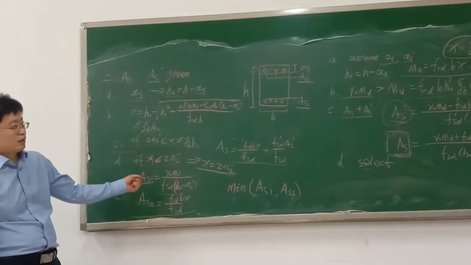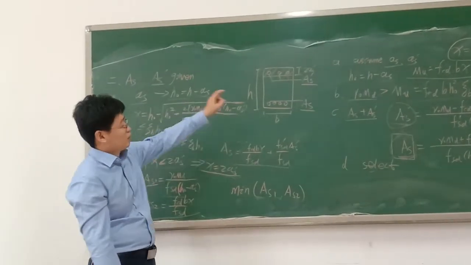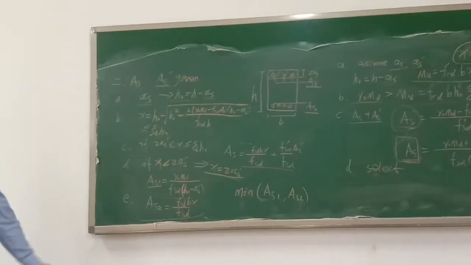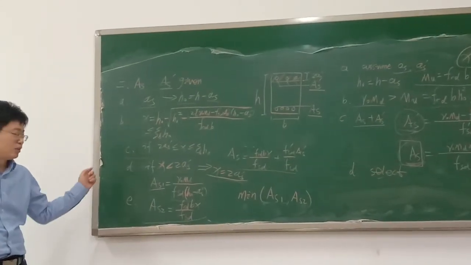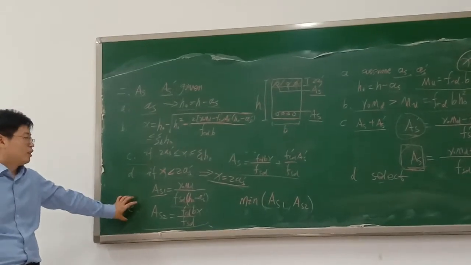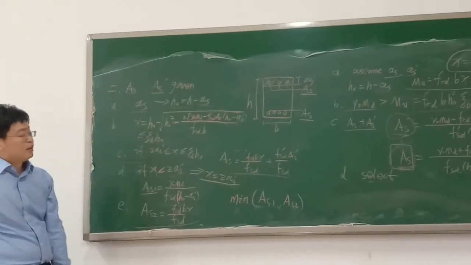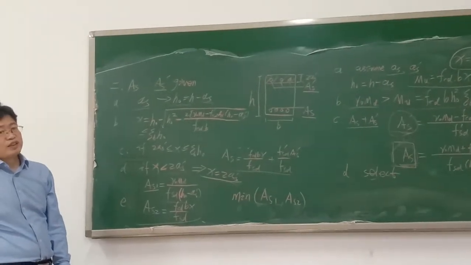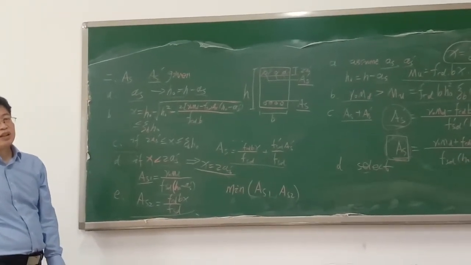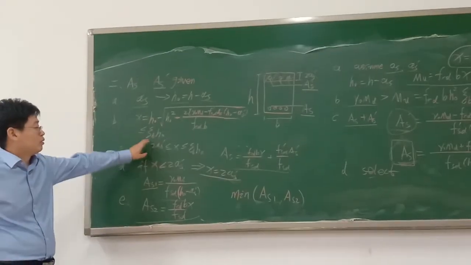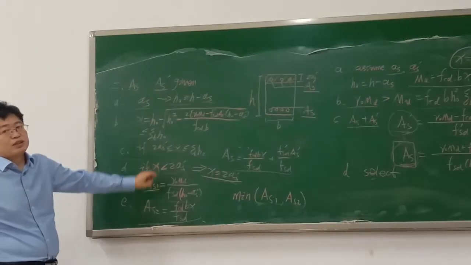Or we use this same thing, use x equal to CBH0 for calculation. But normally, if you find x is larger than CBH0, that means your design is not good. You better go back and change your size, change the material, something like that to make x smaller than CBH0.